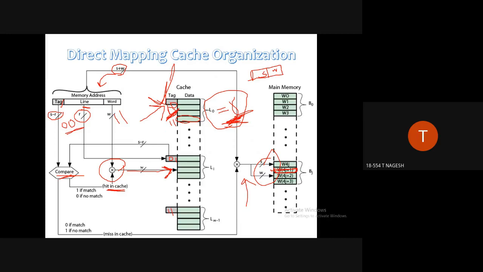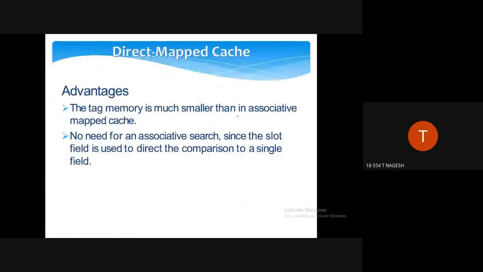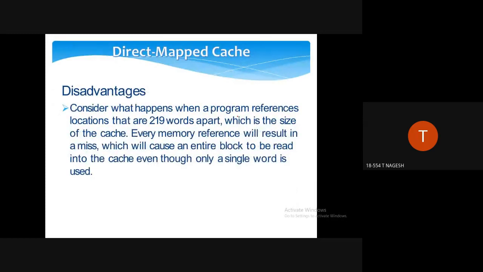But when you talk about the disadvantage of this direct mapping technique, it has a lot of wastage in the cache lines. A few cache lines will be kept empty when there is no frequent use of these.